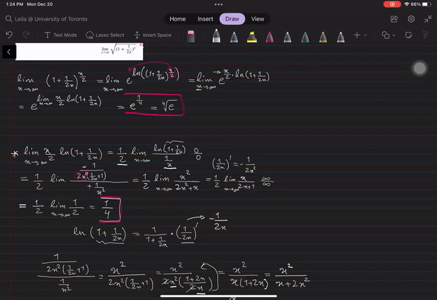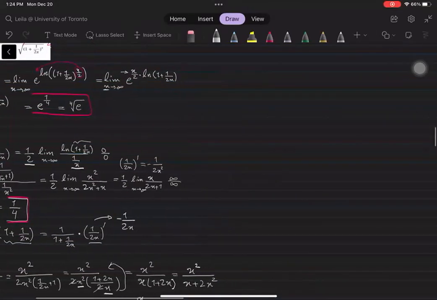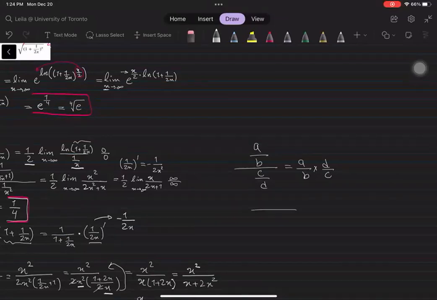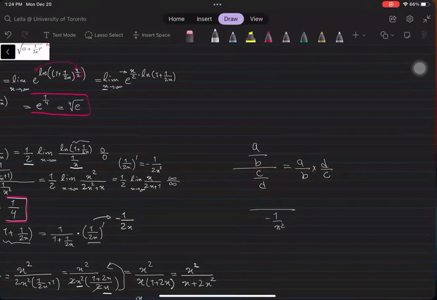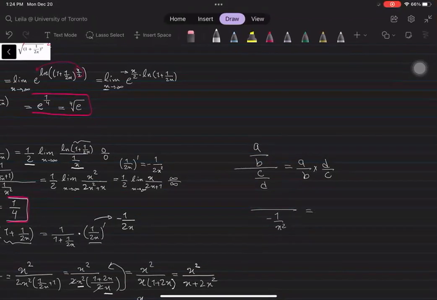Yeah, so the x squared goes to the numerator. So if you have a, b, c, d, the way you get this is times d over c, right? So if you have minus 1 over x squared here, your x squared is going to go to the numerator.